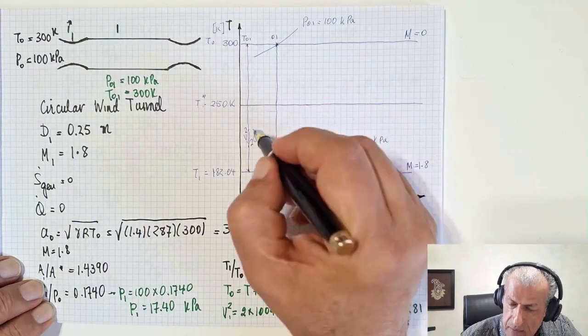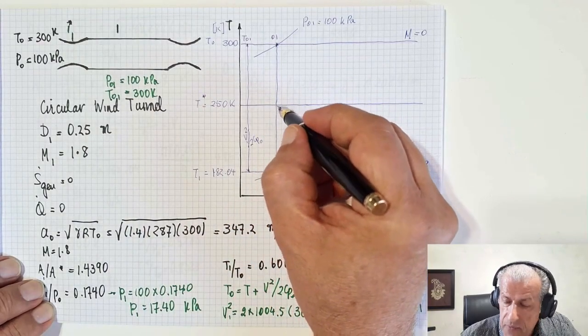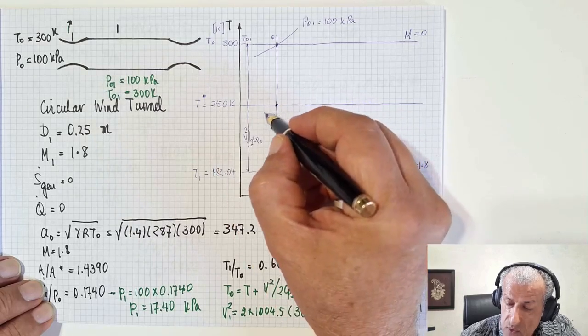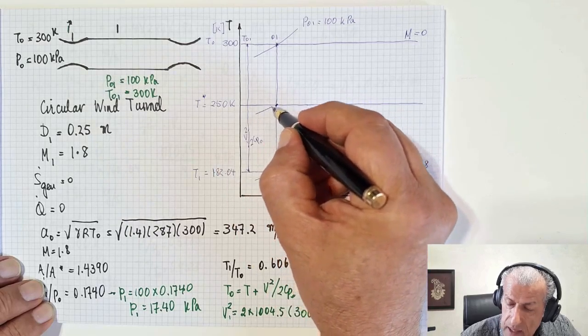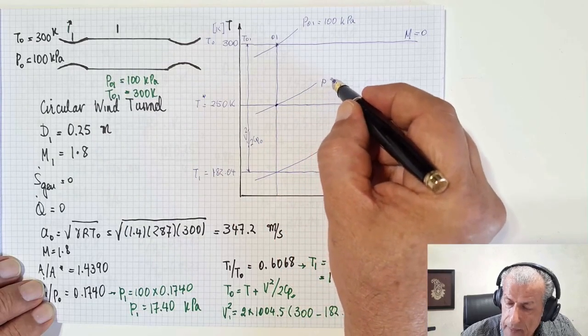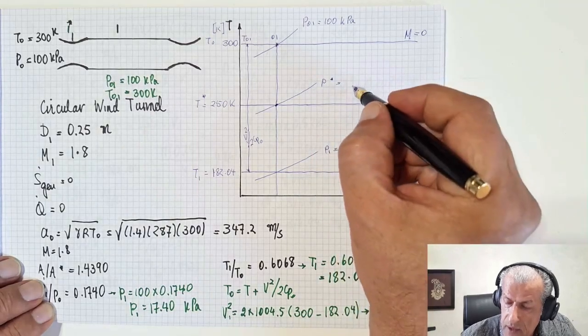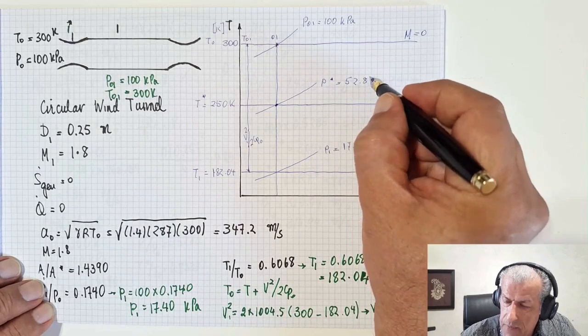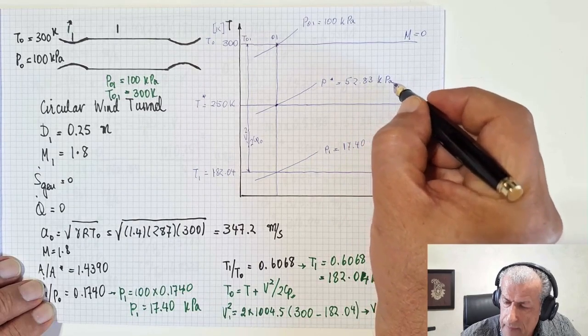So this is the path it followed. At this point, T star is 250 Kelvin, but the P star equals 52.83 kilopascal.